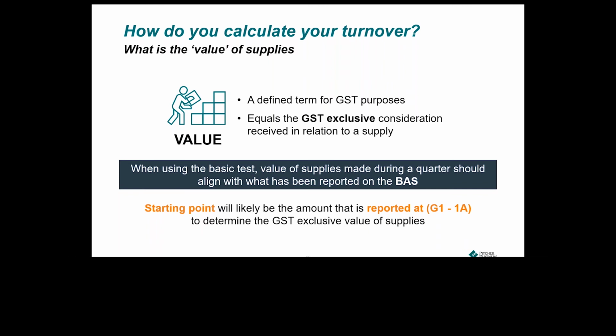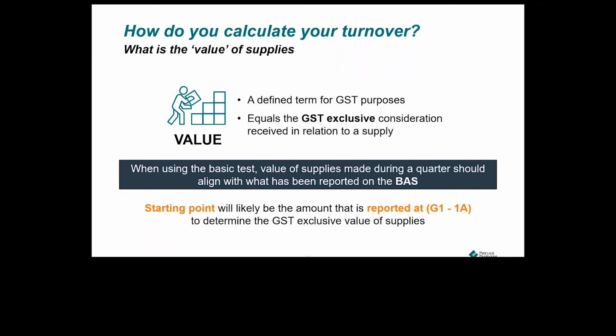Now, I've said theoretically, and we'll come to this a bit later on, but the reason I say theoretically is that in my experience, it's reasonably common for the figures that are reported at label G1 of the BAS not to be entirely representative of what needs to be included within GST turnover for these purposes.